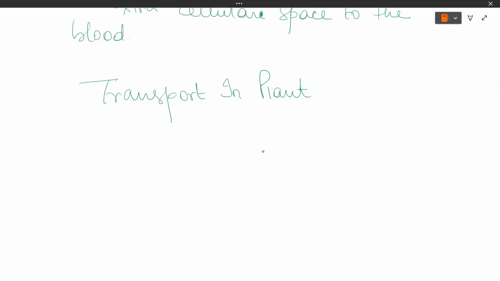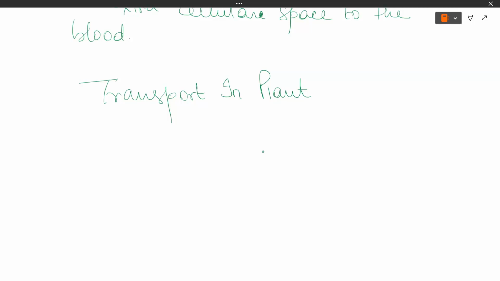Okay, very good. Now, in our body, for the process of transportation, we have our blood. Blood is there for transportation in our whole body. But in the case of plants, blood is not there, obviously. So what are those different tissues? Xylem and phloem. Correct.